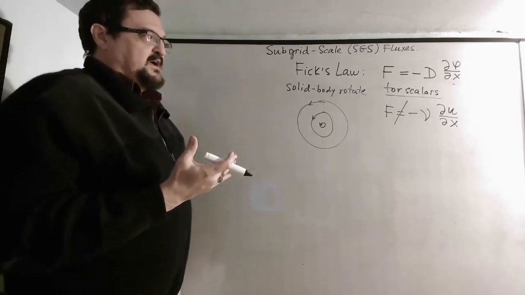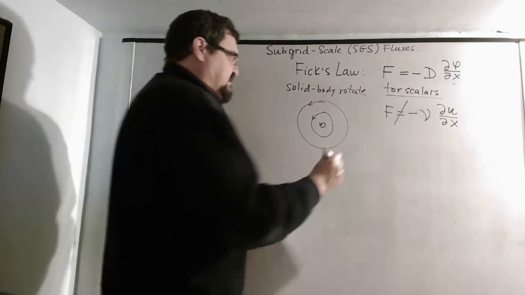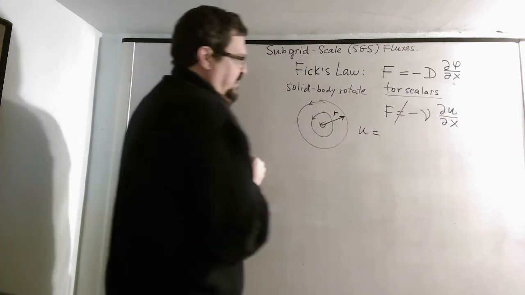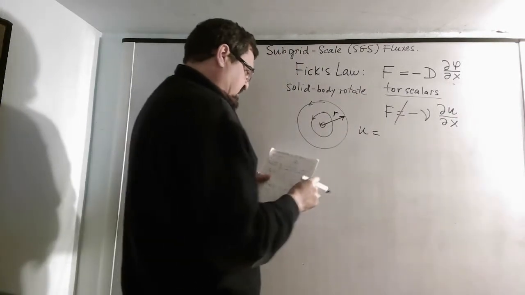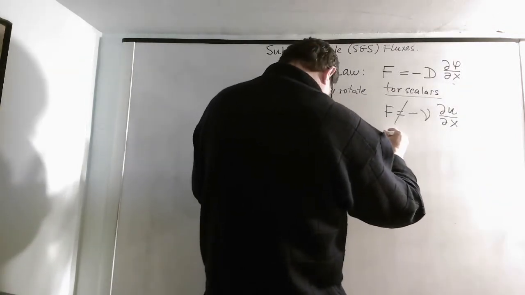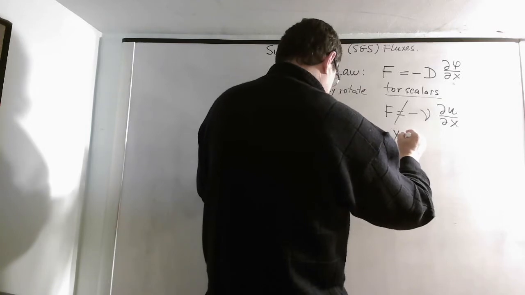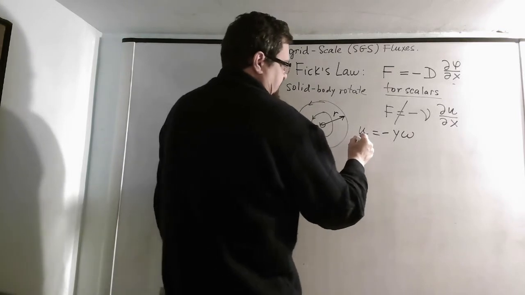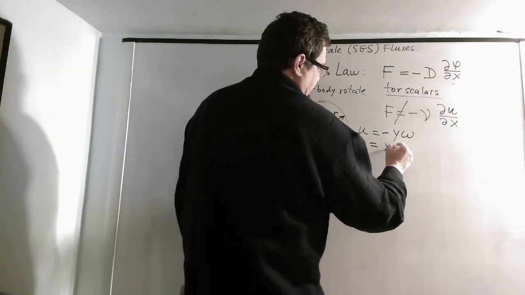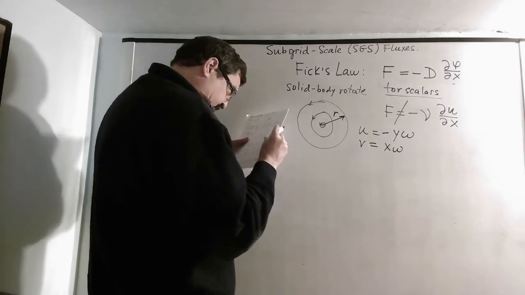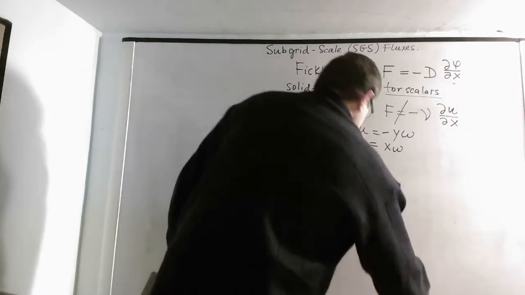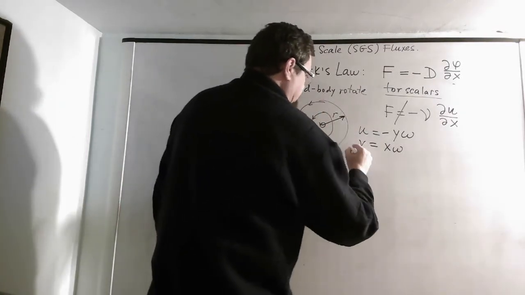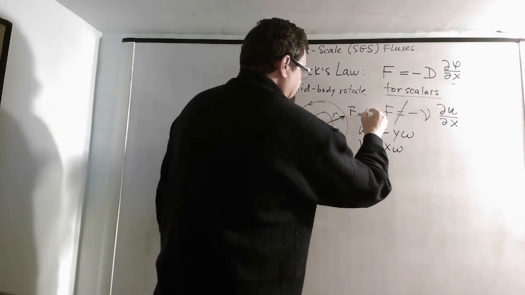You can actually show that the u component for this rotation, if there is some radius r from the center of rotation, equals minus y omega, where omega is the rotation frequency, and v equals x omega, with r having components x and y.